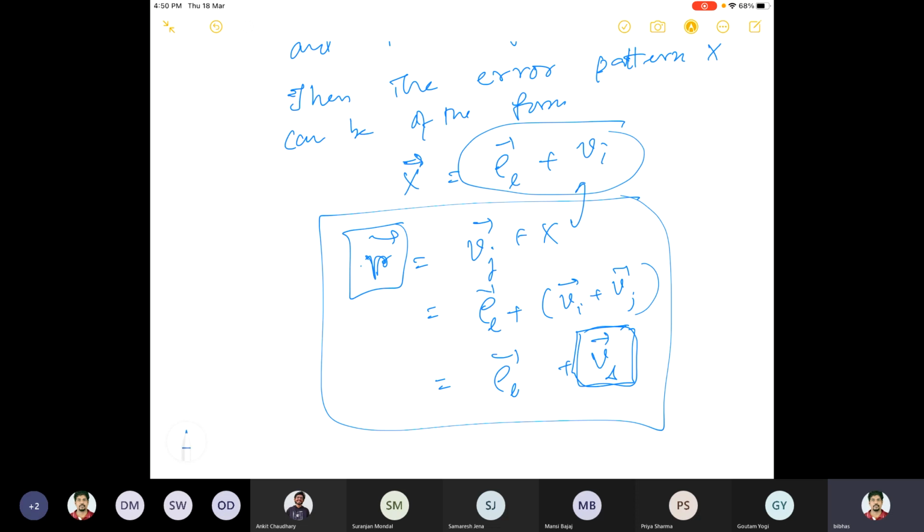So R is definitely of the form EL plus some VS. Whatever error happened with this error pattern X is preserved: the same EL is here, plus some code word.